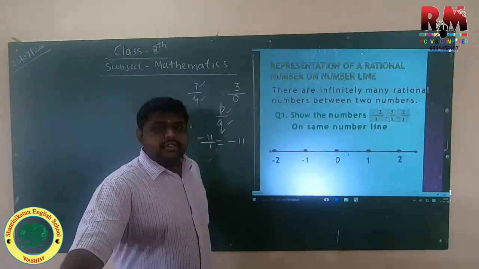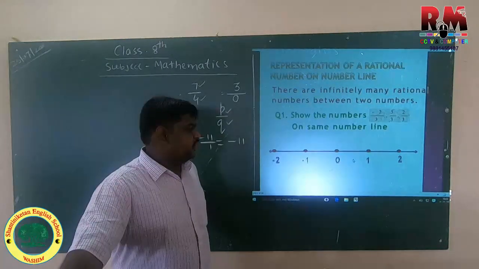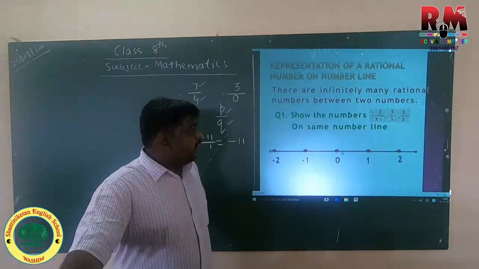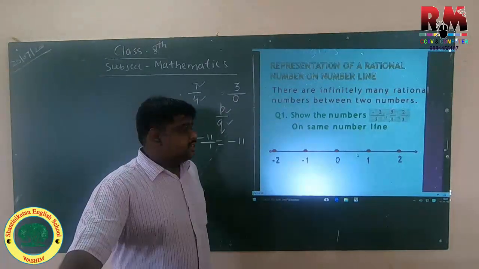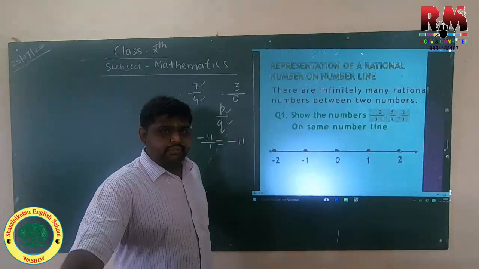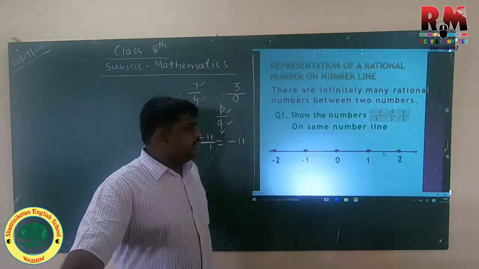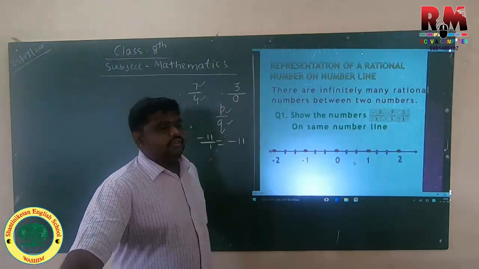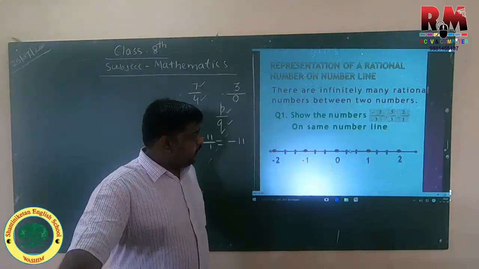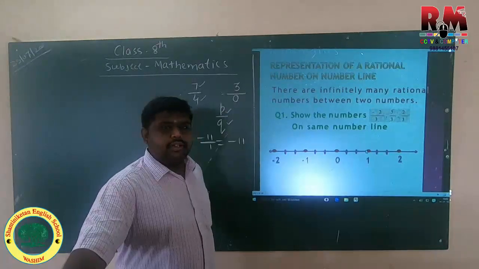0 to 1 is a unit distance, and we divide this unit distance into 3 equal parts. Similarly, 1 to 2 is a unit distance, and we divide it into 3 equal parts. One part, second part, and third part.